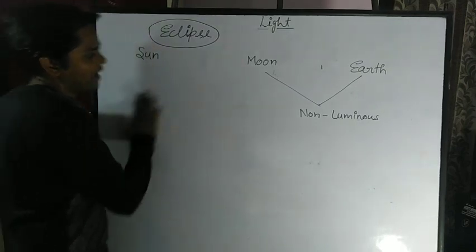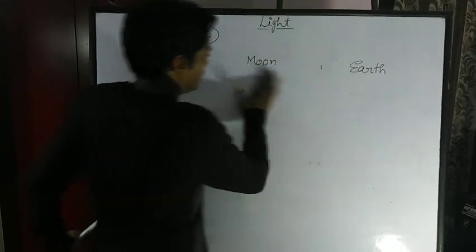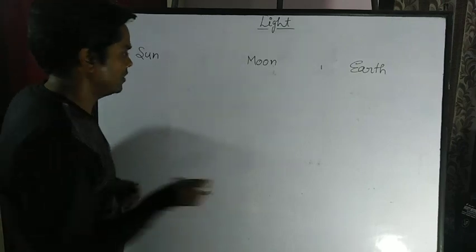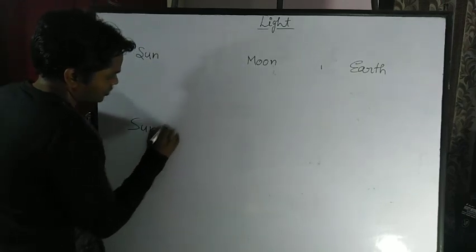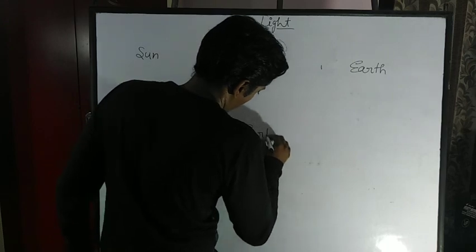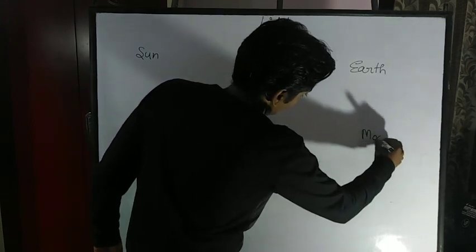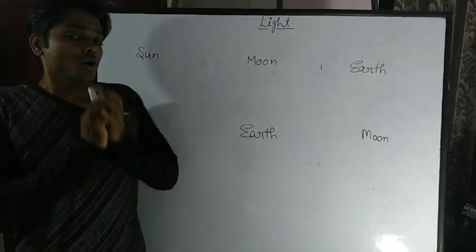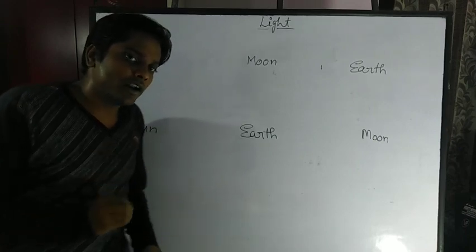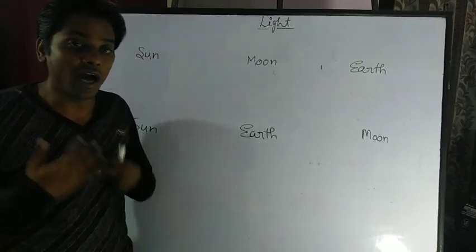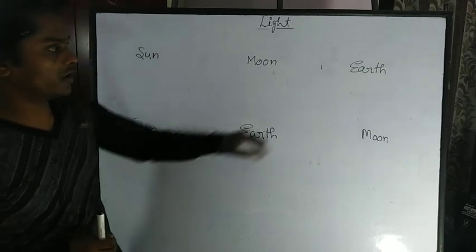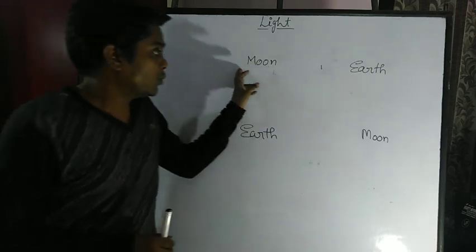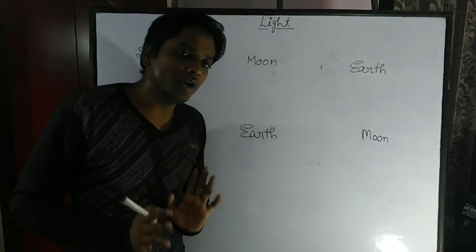See what will happen when there is a solar eclipse or lunar eclipse. One most important thing is that solar eclipse and lunar eclipse both are observed from the earth. We are the observer. Moon and earth are both non-luminous bodies.